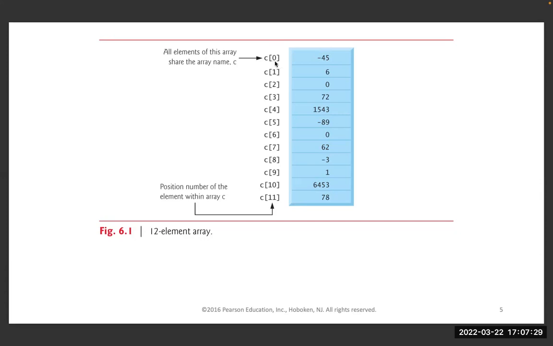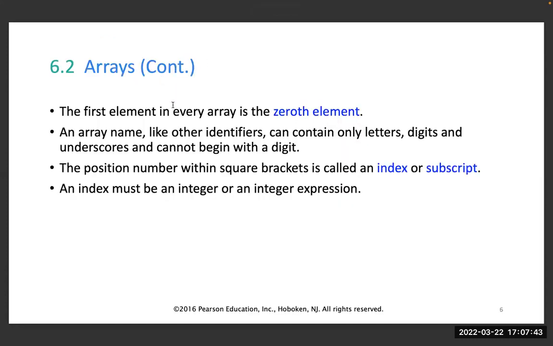Other languages may start the index number from 1. The first element in every array is the zeroth element, so the index number starts from 0. This is important in C.